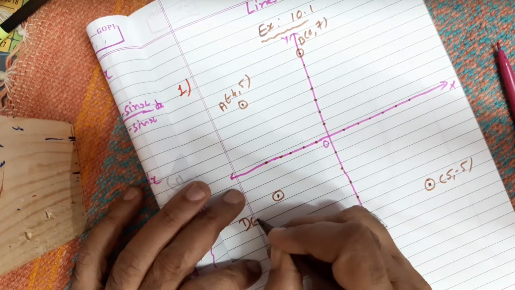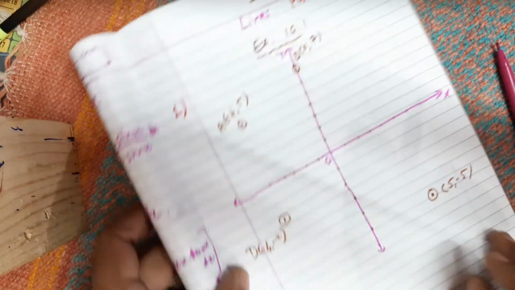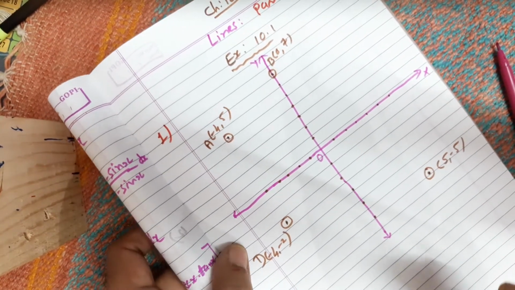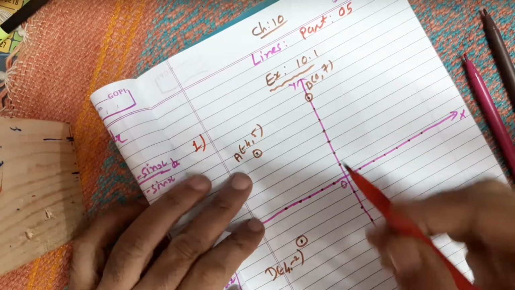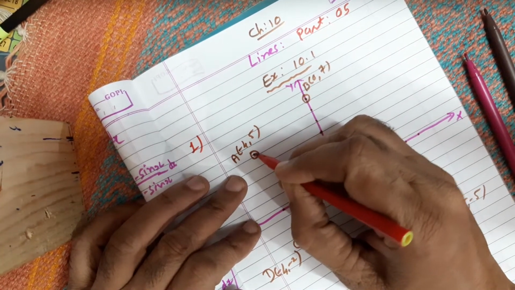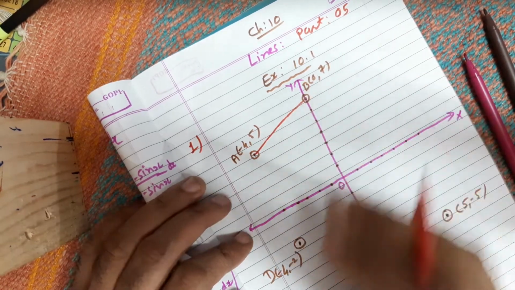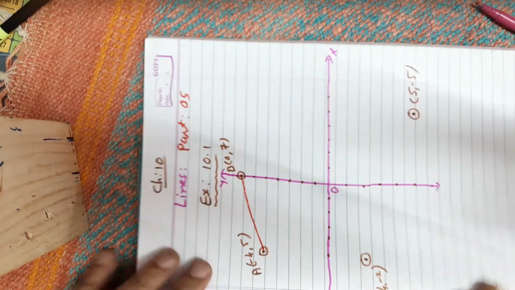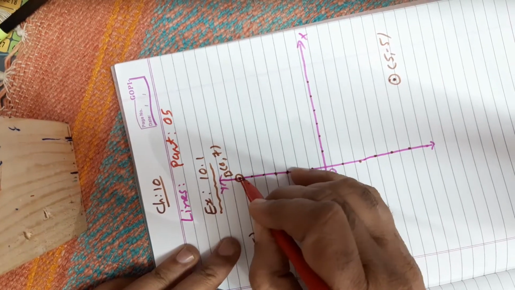So first part is over, right? Now what they are asking: draw a quadrilateral and also find its area. So first join it to make the quadrilateral. So this is AB, just join it, right? AB, CD, like this.